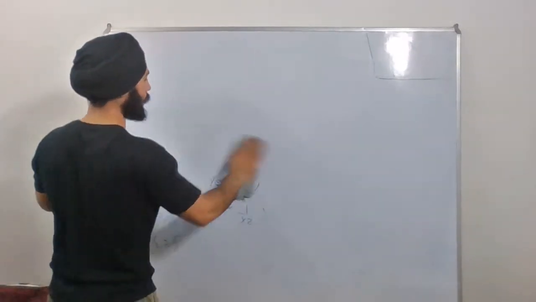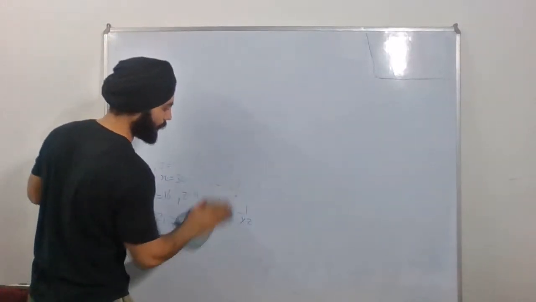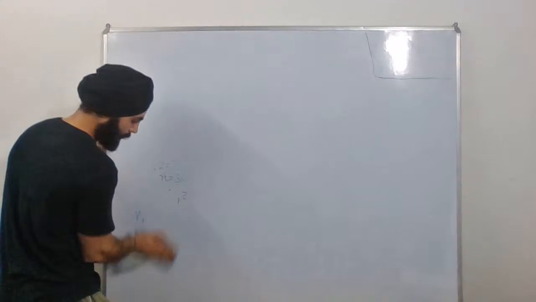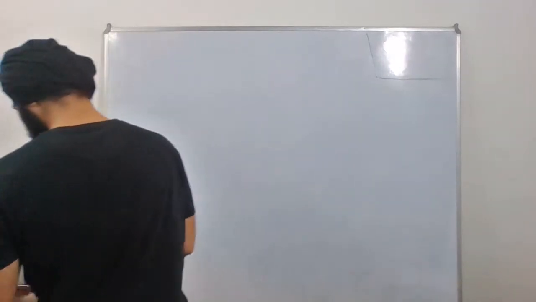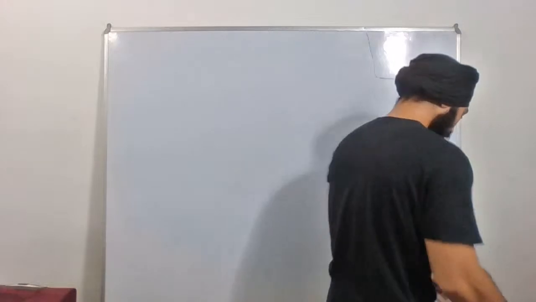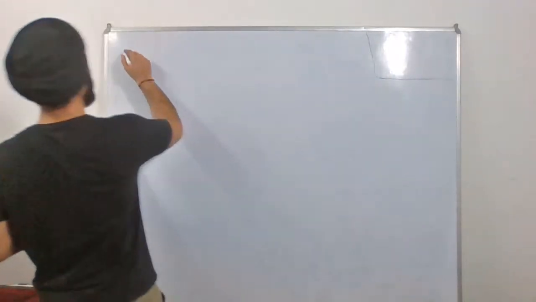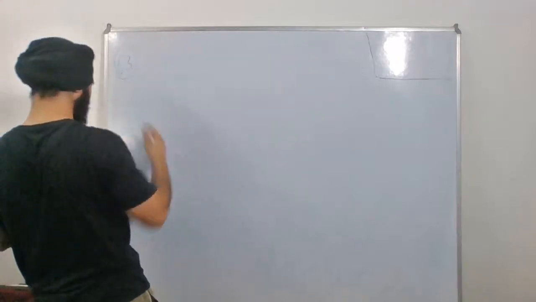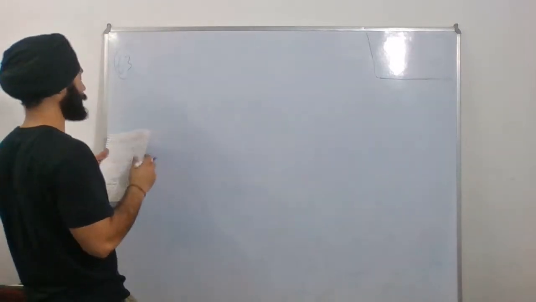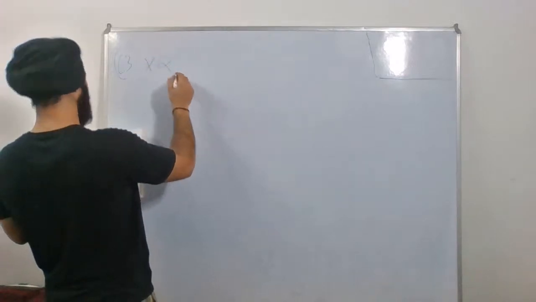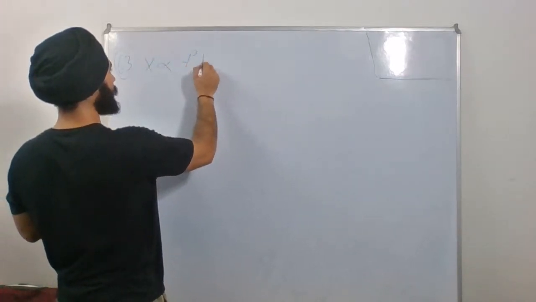Now we are going to do question number 63, 64, 65. Question number 63. X varies directly to y square plus z square.